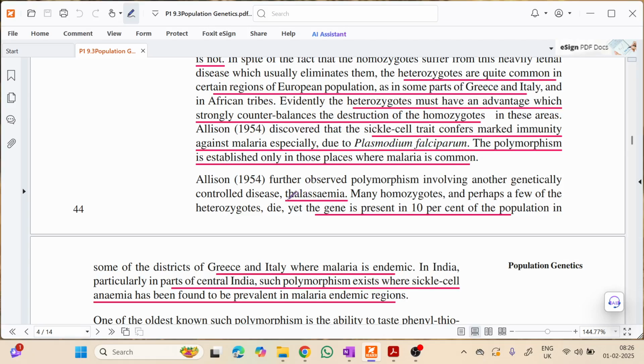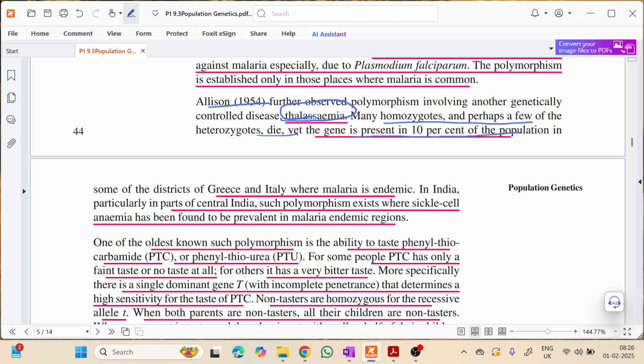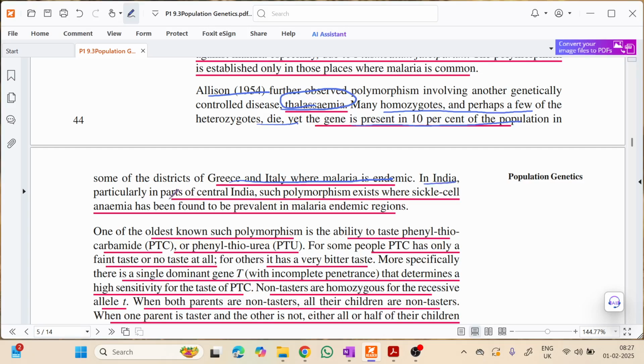Then let's talk about another condition, thalassemia. The condition was studied by Allison in 1954: many homozygotes, perhaps a few heterozygotes, die, yet the gene is present in 10% of the population in Greece and Italy, where malaria is endemic, and in India as well, particularly in parts of central India where many tribes inhabit.